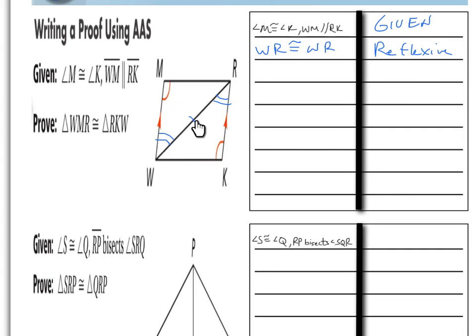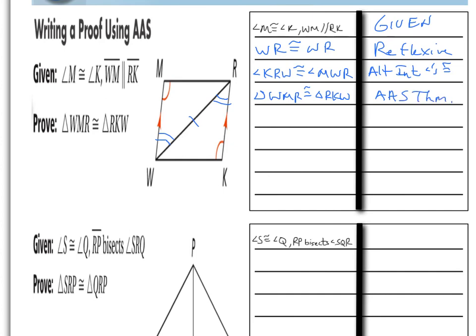Those angles are angle KRW is congruent to angle MWR, and that reason is that alternate interior angles are congruent. Now as you look, we've got angle, angle, side. So now we can say that triangle WMR is congruent to triangle RKW by the angle, angle, side theorem.